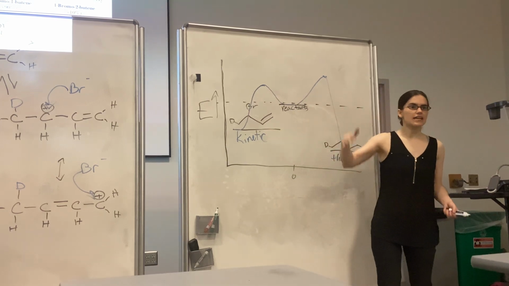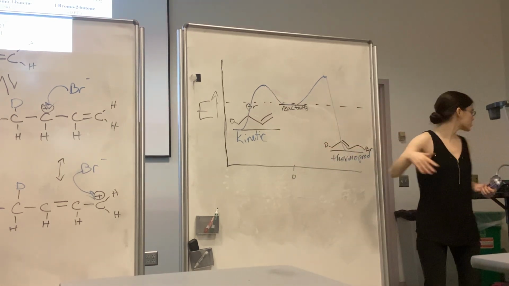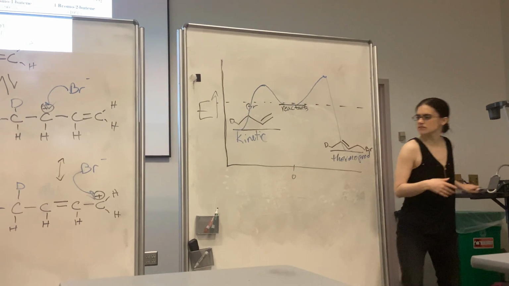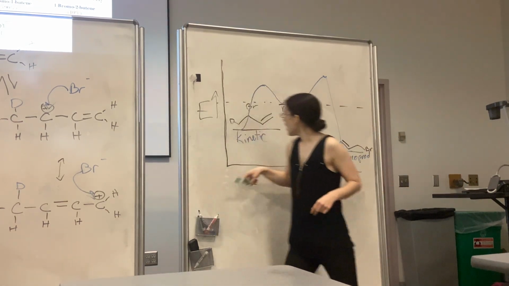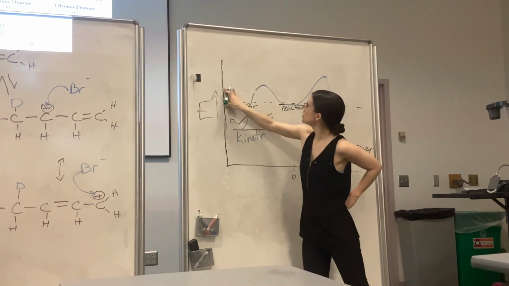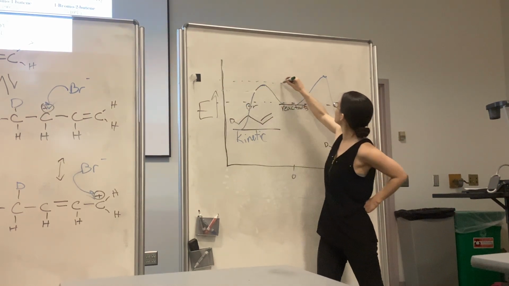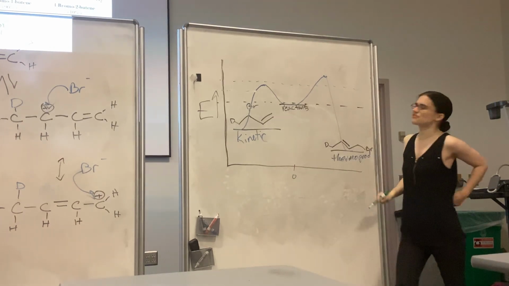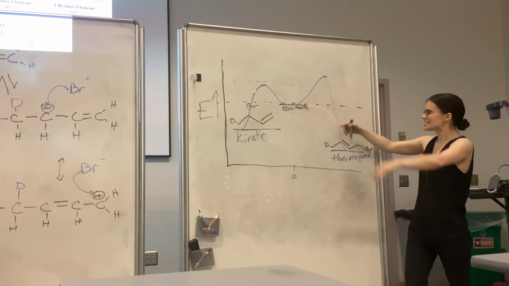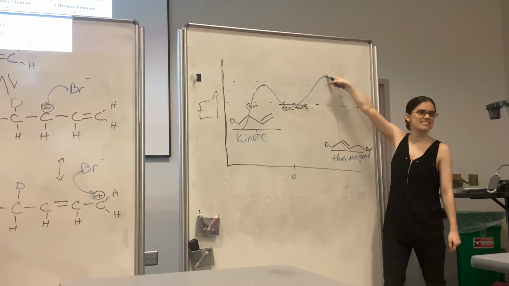And the reason that at lower temperatures we don't necessarily reach equilibrium is because it's going to roll. If we cool it down enough, the amount of energy that exists around this is too low to reach this, right?